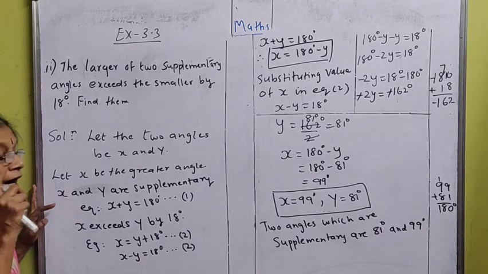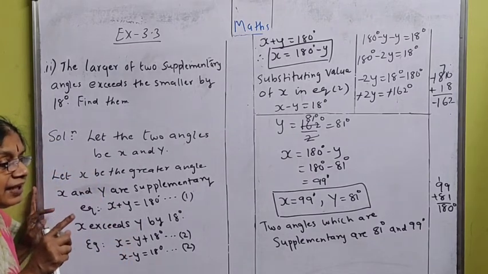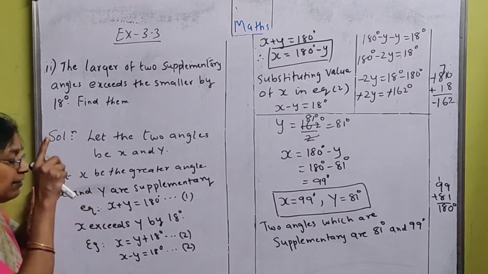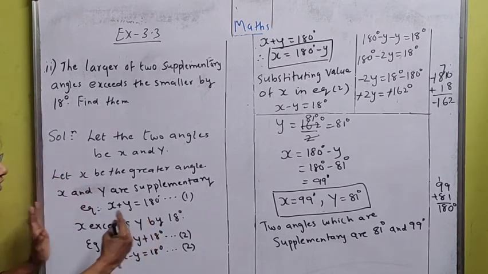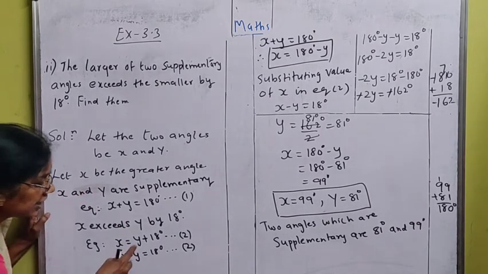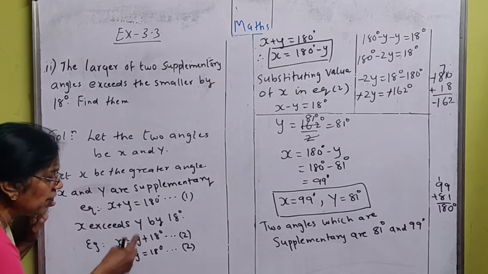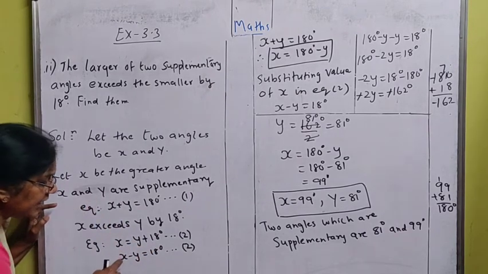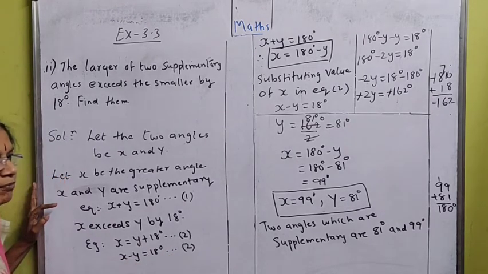But remember, you have to bring the linear equation in its general form. That is, x and y should come on the left hand side and the constant should be on the right hand side. So I am going to bring the variable y to the left hand side. So x minus y is equal to 18 degree. That I got as equation number 2.